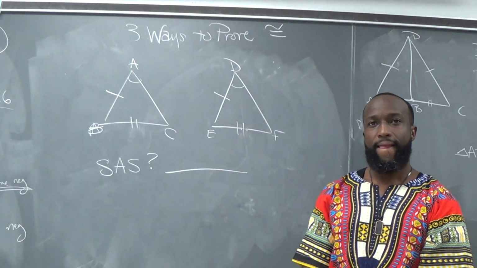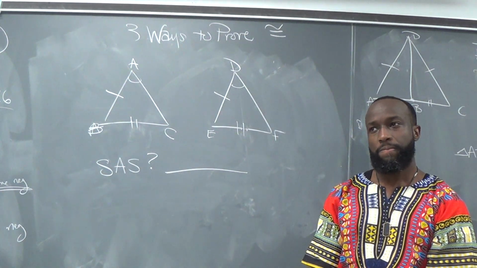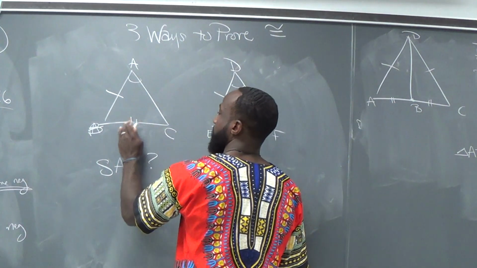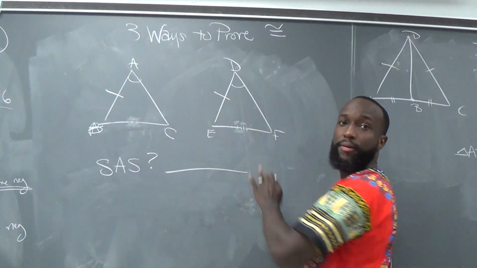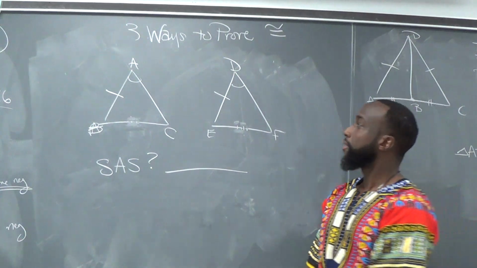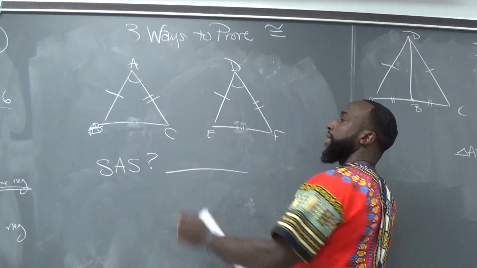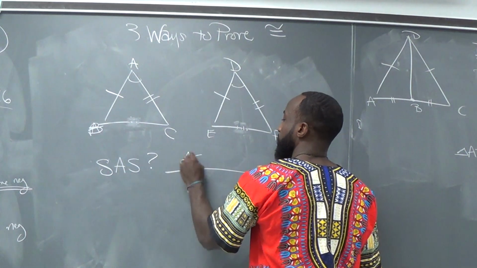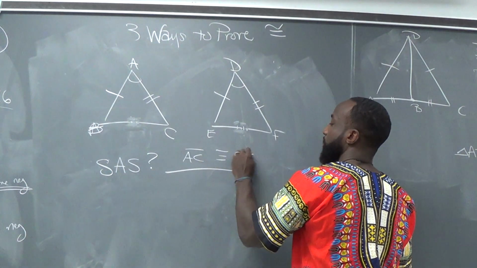Would that work? No, not quite, because we don't have any SSA triangles. Yes, ma'am. Wouldn't it be AC is congruent to DF? There you go. AC, with the included angle. The angle has to be in the middle. So AC is congruent to DF.